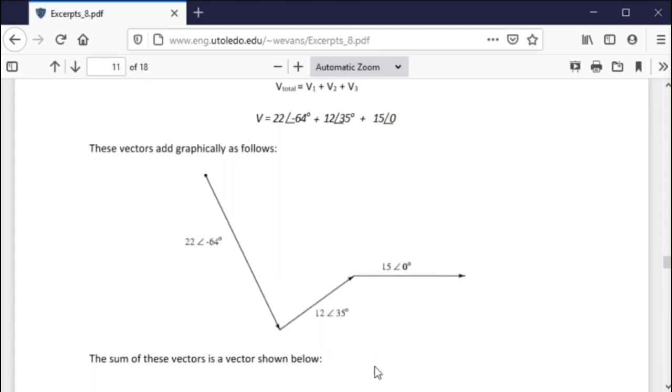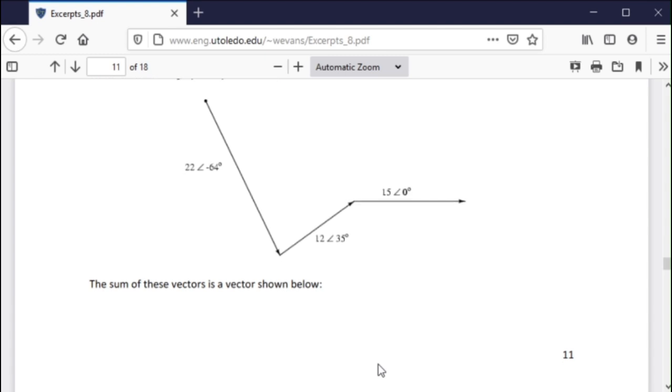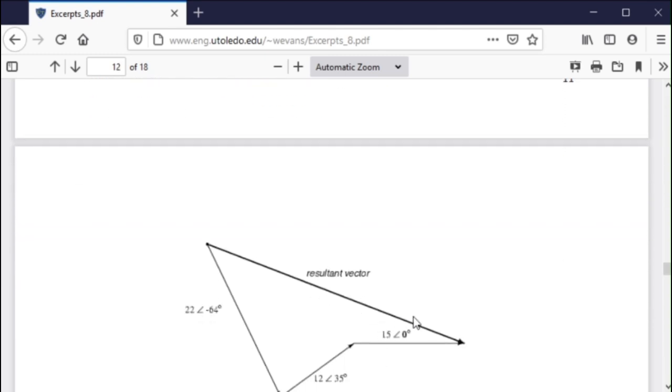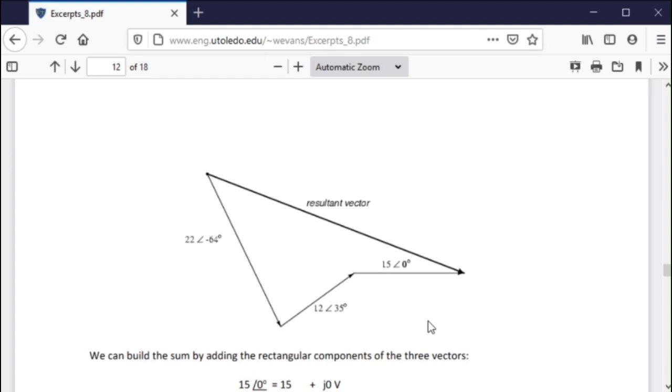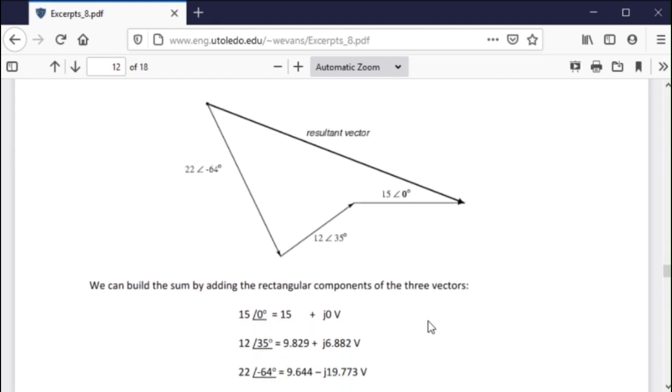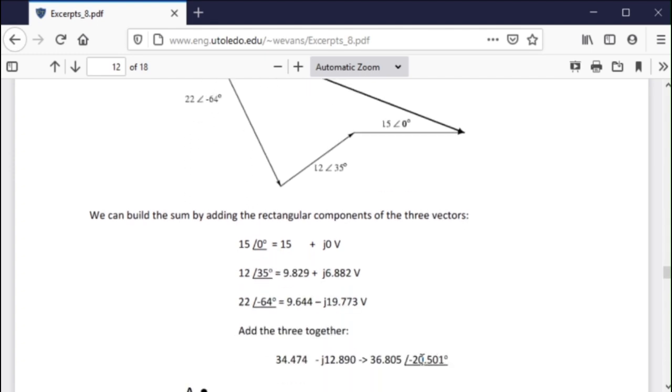You would get the vector summation of those supplies. Your answer would be the resultant right here, and you build it by adding the real and the imaginary parts. And here would be your answer, 36 at angle minus 20.5.